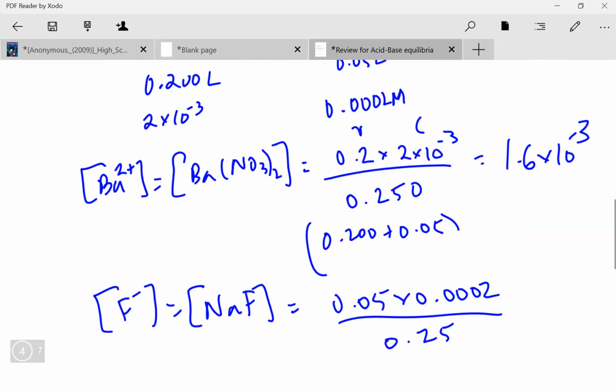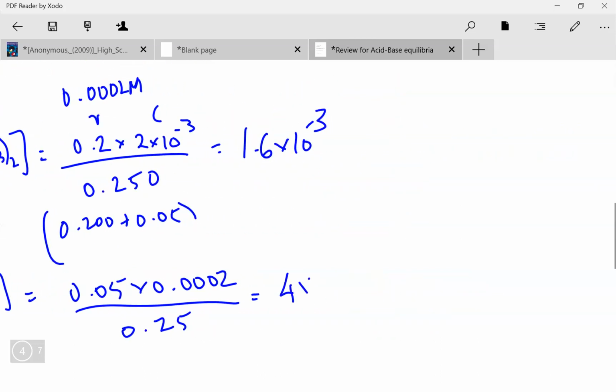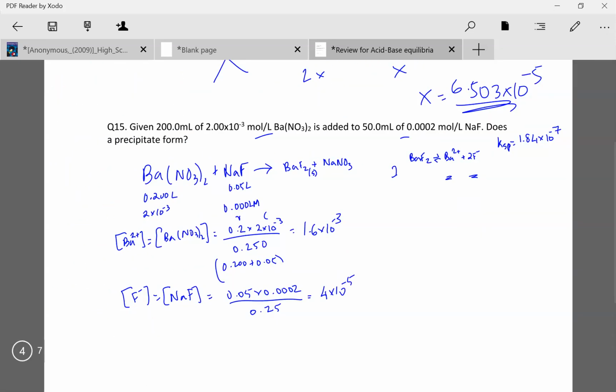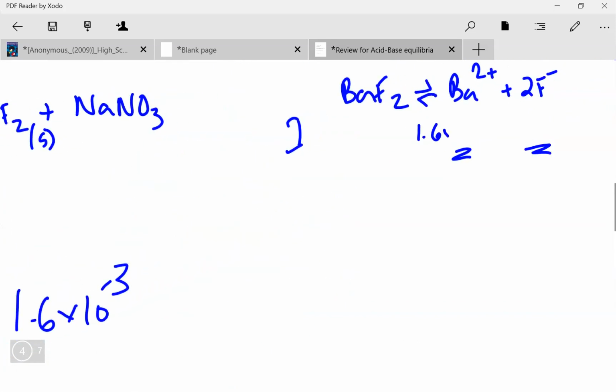Is that 2? Yeah, that's 2. Excuse me. Concentration of, wow, that's tiny, 4 times 10 to the negative 5. So let's put these values into our initial concentrations here. 1.6 times 10 to the negative 3, 4 times 10 to the negative 5.